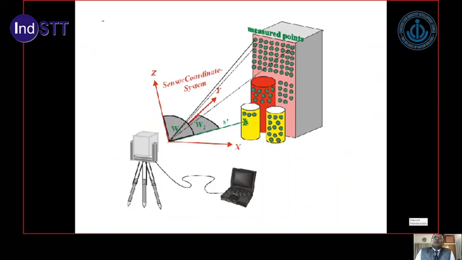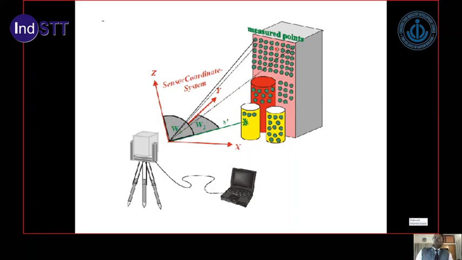In this diagram, several measurements are being taken on a building face with the help of the terrestrial laser scanner (TLS) system. The dots you see on the face of the building are those points where the laser beam is striking the building and collecting three-dimensional X, Y, and Z data.